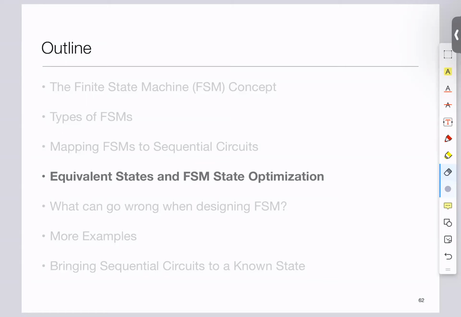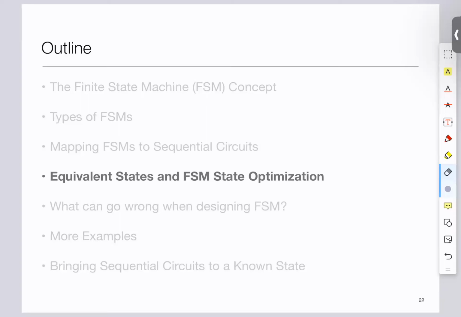Okay, so thus far, what we saw is one aspect where we have something to optimize, namely what bits to give to different states. The second thing is the combinational logic part, the next state logic and the output logic. There we apply standard combinational logic optimization.